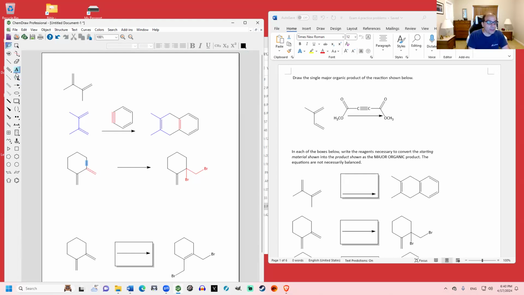But not only that, we can see that the two bromines are right next to each other. So this is going to be an electrophilic addition, and this is the 1,2 product. We know that because the two bromines are right next to each other on adjacent carbons. And so we must have added bromine, but we did so under kinetic conditions.